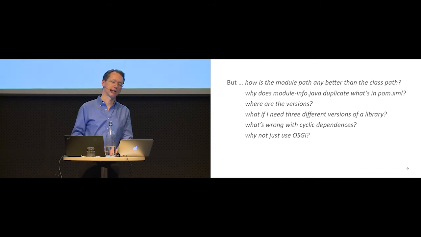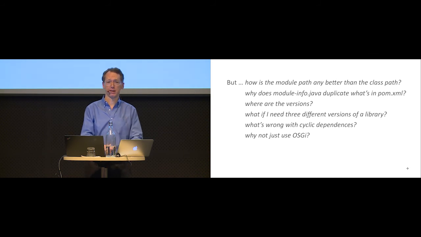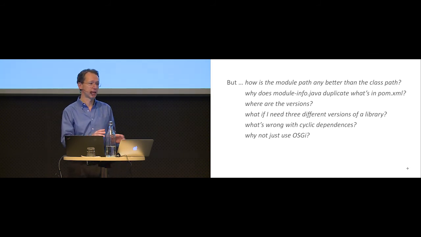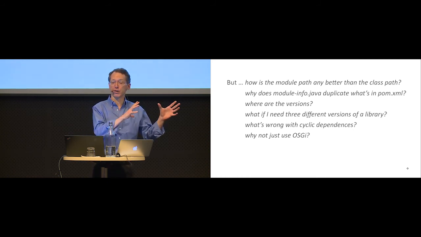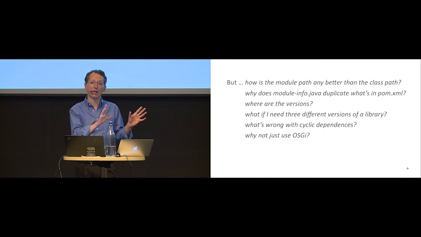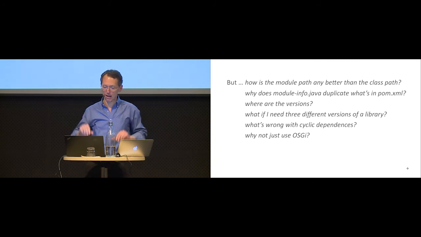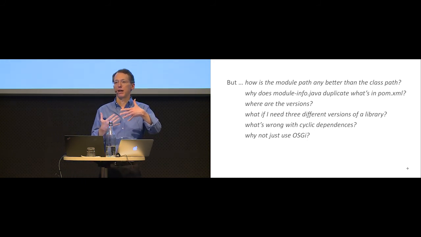Why not just use OSGi? OSGi is great if what you need is not just a module system, but a security layer and a dynamic lifecycle framework and a bunch of other stuff. It turns out not many applications need all that stuff. If you need it, it's great, use it. It runs fine on 9 because it's just above the platform. And we've done some work with some OSGi experts to make sure that OSGi and the platform module system, Jigsaw and all this stuff can fit well together.